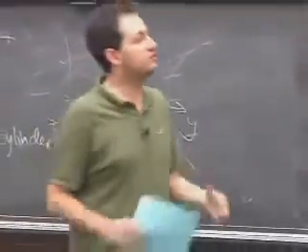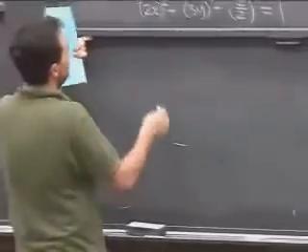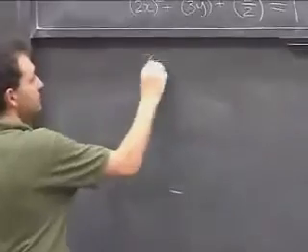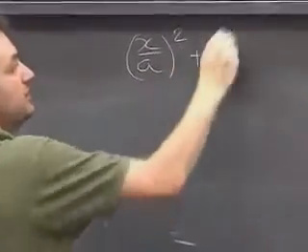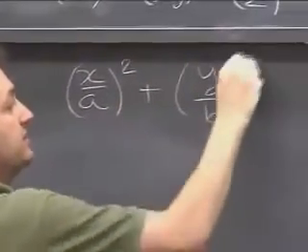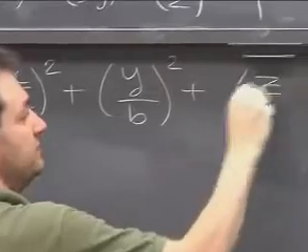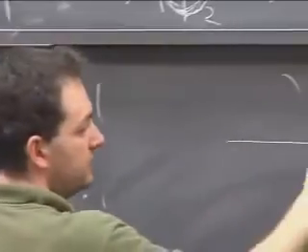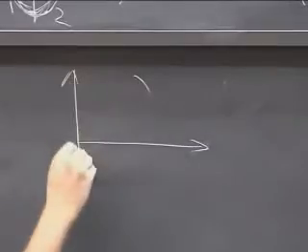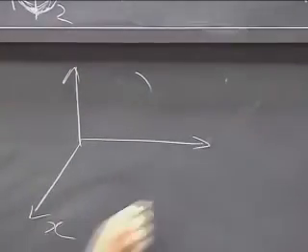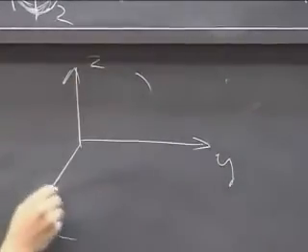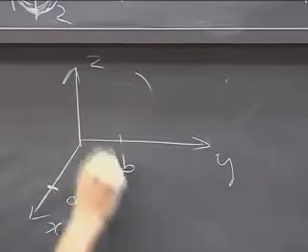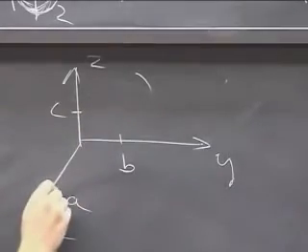So the general equation for this is (x over a) squared plus (y over b) squared plus (z over c) squared equals 1, and that will be an ellipsoid. So here's the x, here's the y, here's the z, and that will have coordinates a, b, and c.